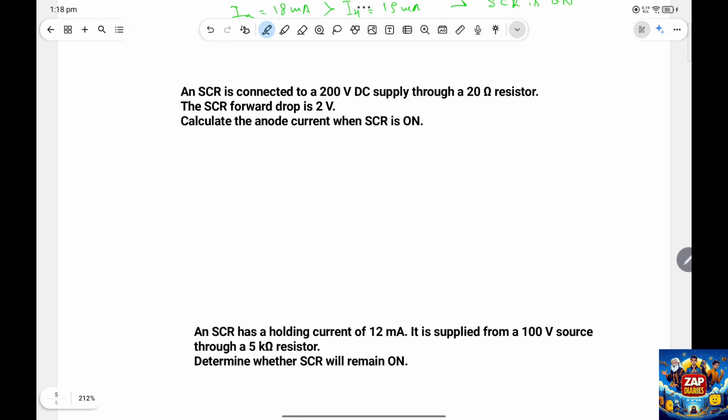Now taking on another question, this numerical. What the numerical says: an SCR is connected to a 200 volt DC supply through a 20 ohm resistor. The SCR forward drop is 2 volts. We have to calculate the anode current when the SCR is on.